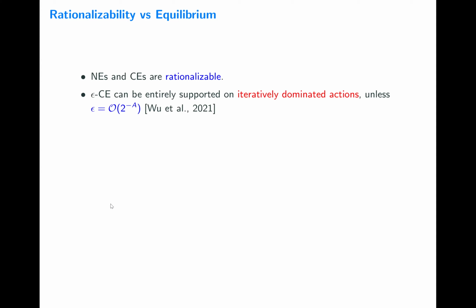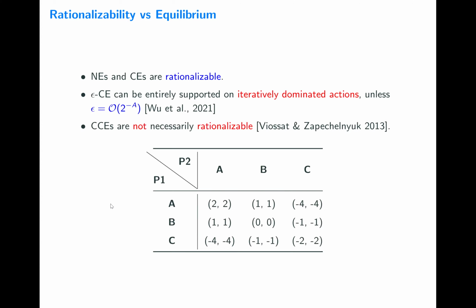But those equilibria can be entirely supported on them. That is, I will always play those dominated actions with zero probability of playing some other good actions, unless I make this epsilon extremely small, that is 2 to the power of minus A, where A is the number of actions of the game. That is, unless you are learning some equilibrium to some exponential accuracy, you won't be able to achieve this rationalizability by just finding a standard correlated equilibrium.